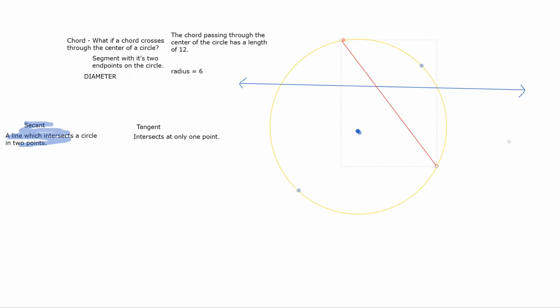What is the difference in a chord and a secant? A chord is a segment or a piece of a line with endpoints on the circle. The secant is a line. It never ends. They both have 2 points on the circle, there and there.